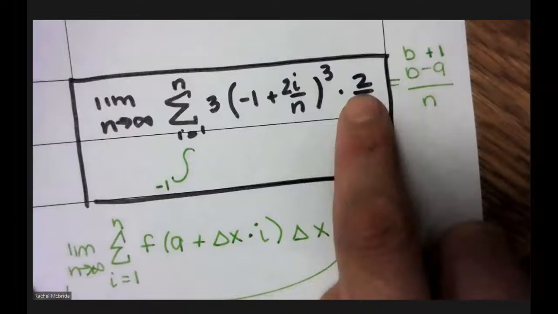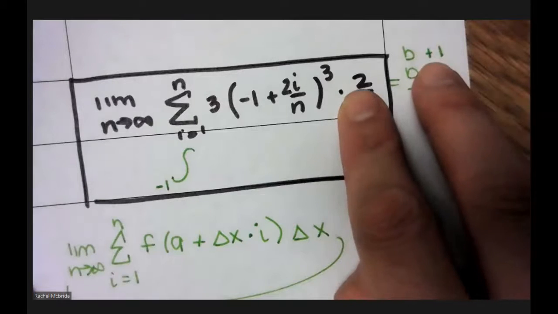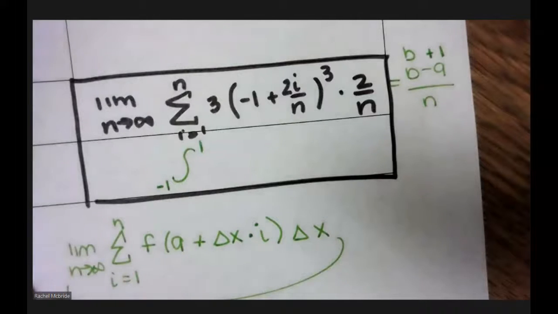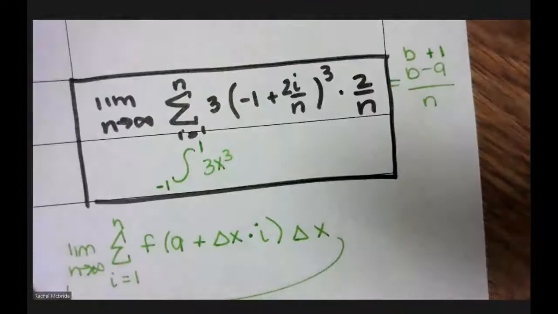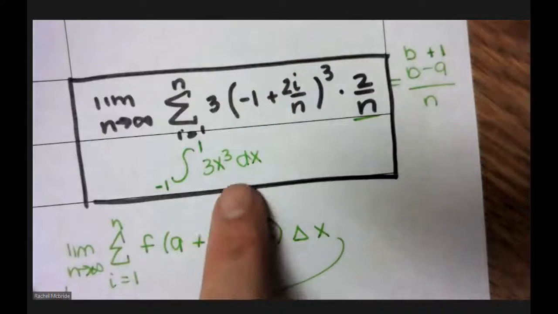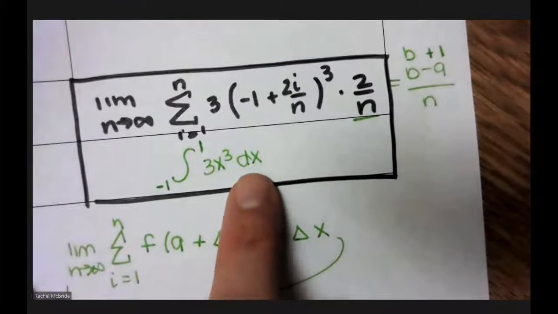So b plus 1 has to equal 2, therefore b has to be 1. What's my function? Yeah, 3x cubed. And then that 2 over n represents dx, because you always have to have a variable of integration.